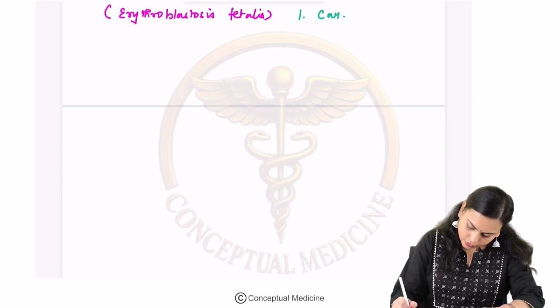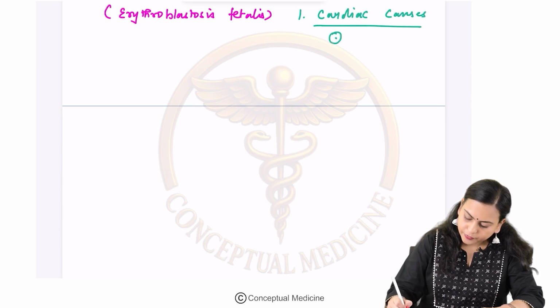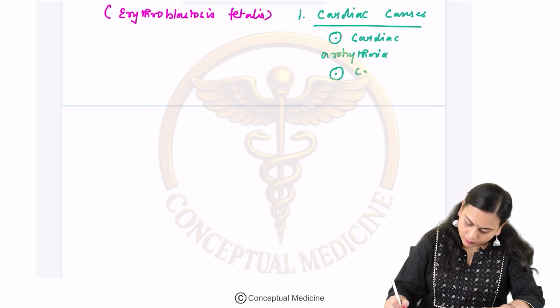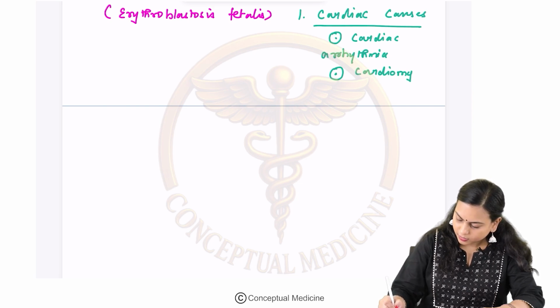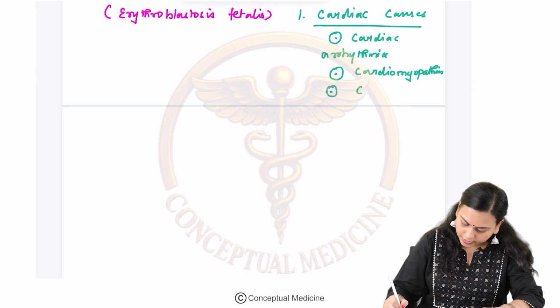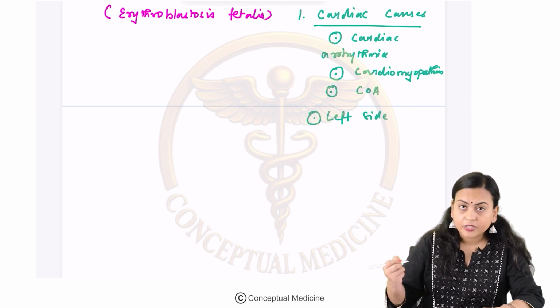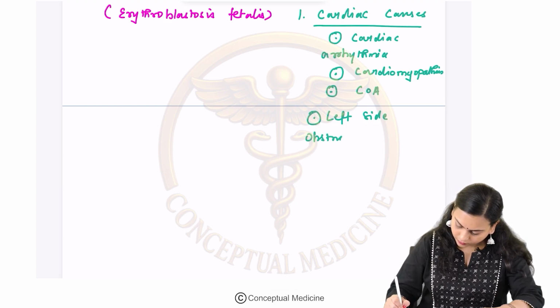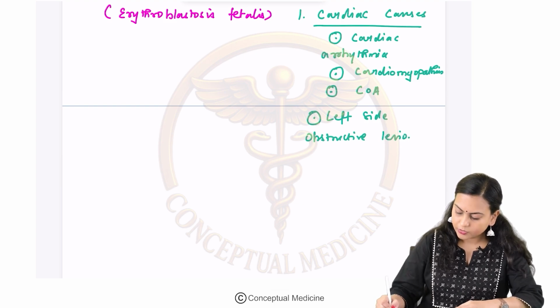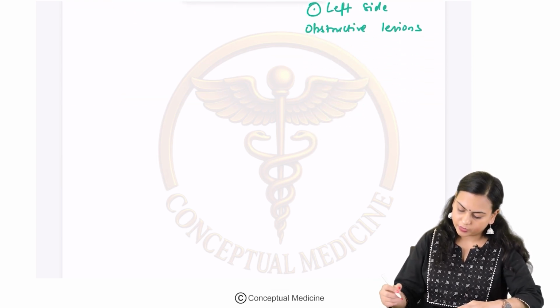Cardiac causes may include cardiac arrhythmia, cardiomyopathies, or there can be a coarctation of aorta or any left side obstructive lesions. So these are the most common causes of non-immune Hydrops.